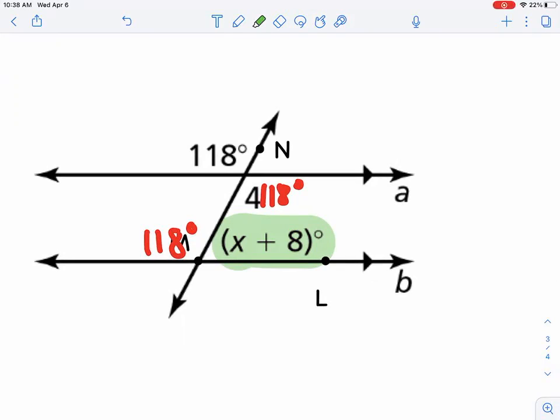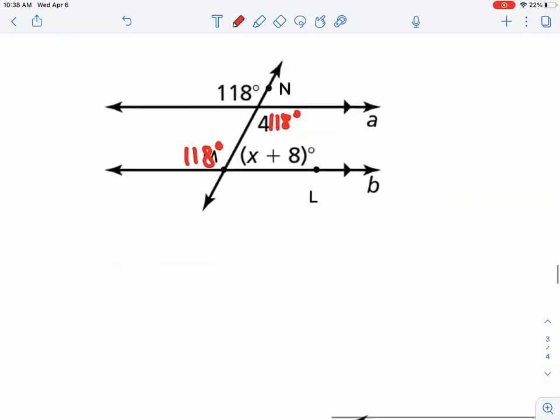But what we could do is say that the 118 plus the x plus 8 have to add up to 180. So our equation would be 118 plus x plus 8 equals 180.